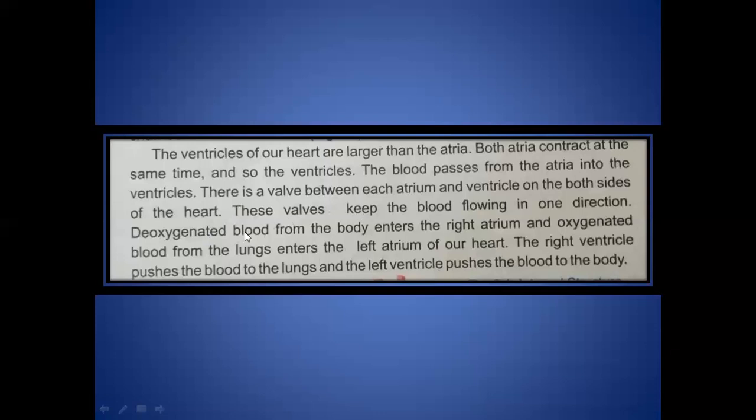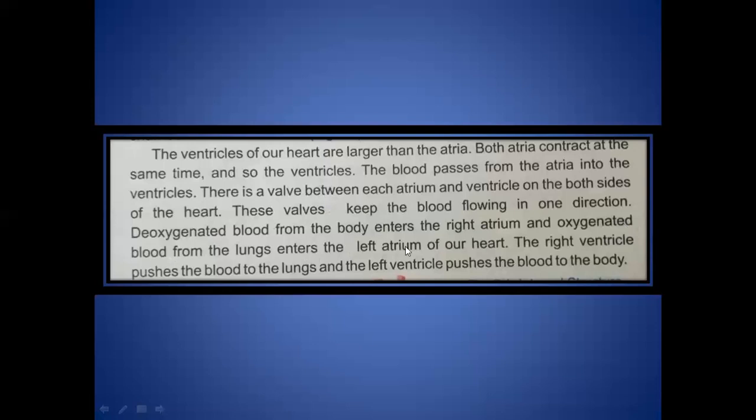Deoxygenated blood, I told you, means the blood which has a lower concentration of oxygen. This blood from the body enters which atrium of the heart? The right atrium. And oxygenated blood means the clean blood. It enters into which atrium? It enters into the left atrium of our heart.